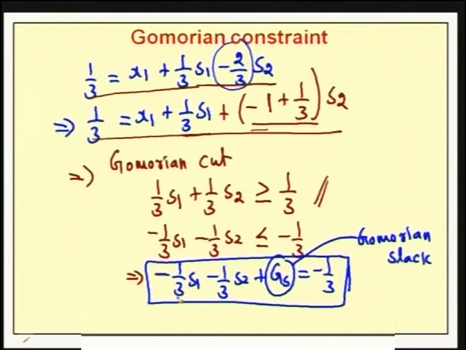For this problem, our Gomory constraint is minus 1 by 3 s1 minus 1 by 3 s2 plus gs equal to minus 1 by 3. Now, by attaching this Gomory constraint to the bottom row of the simplex table obtained in the second iteration and solving the resulting integer programming problem with the help of the dual simplex method, we will improve the optimal solution. Let us have a break.